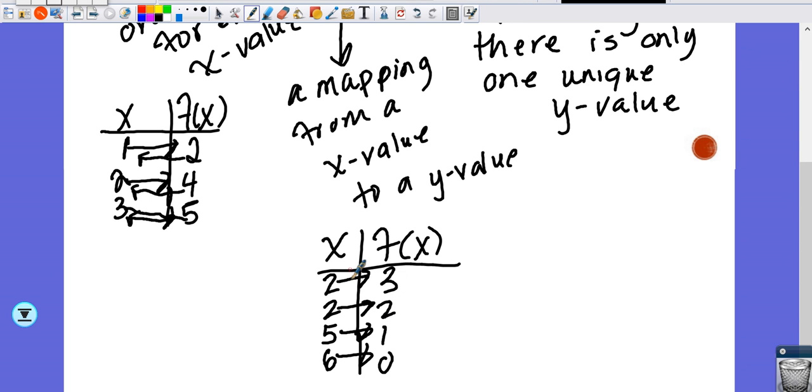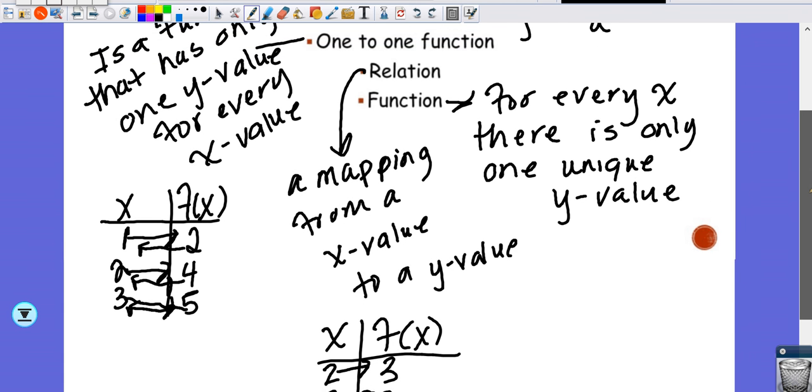Now, if the number 2 had gone to the number 2 again on the y side, then this would have been a function because it's the same exact point. But the 2 is going to a unique or a different y value on this side. So it's not a function, but it is a relation. And since this is not a function, it is also not a one-to-one function. It can't be one-to-one because it's not a function.